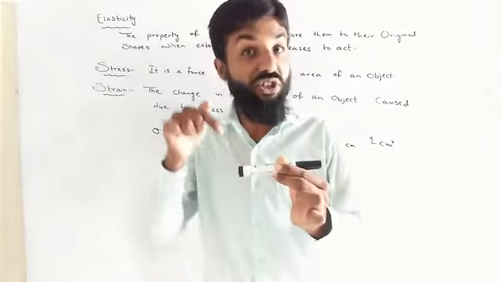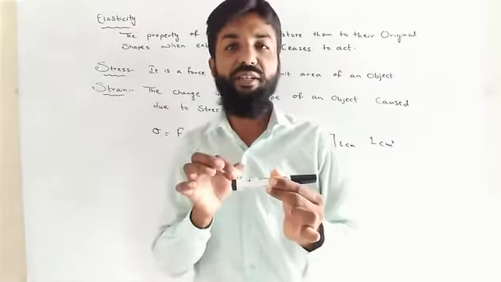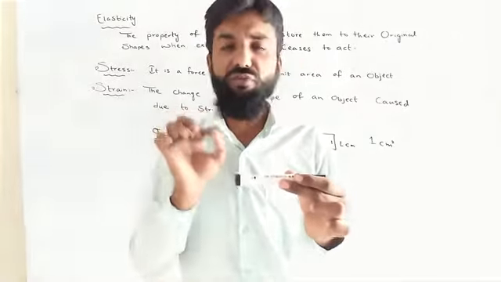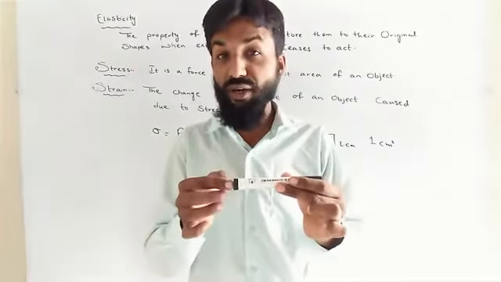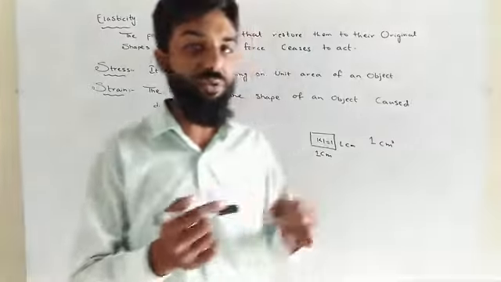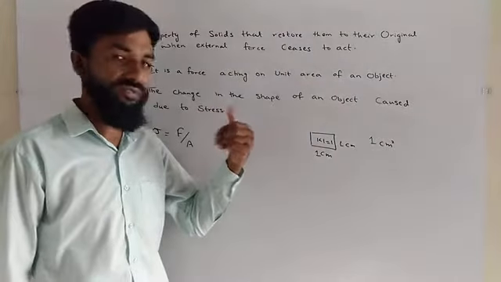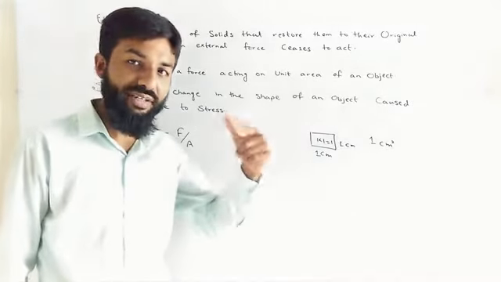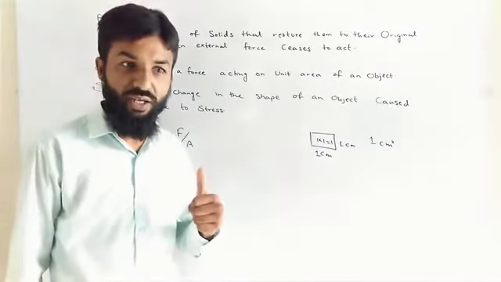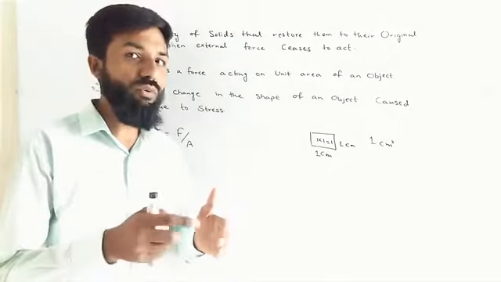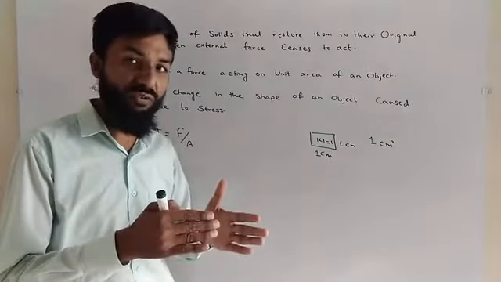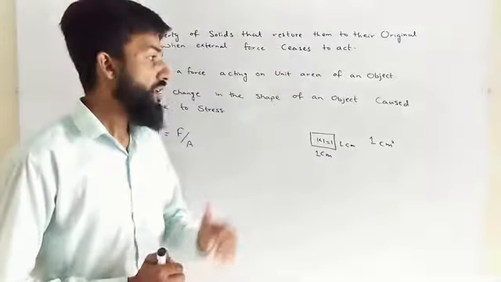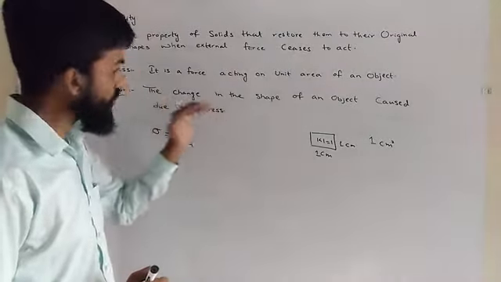Deformation occurs in this marker by the application of force. When we remove this force, the marker comes back to its original position. So when we apply a force on a body, that force is known as stress, and due to removal of force, the body comes back to its original position.